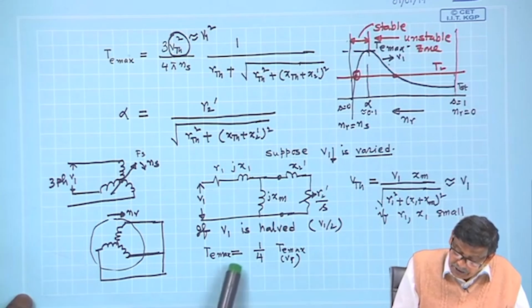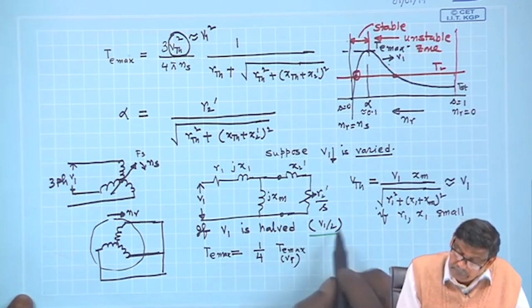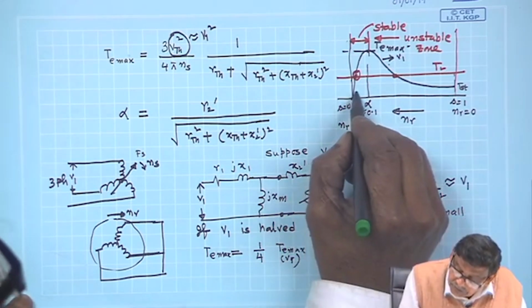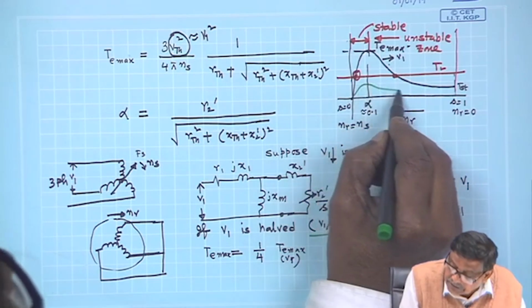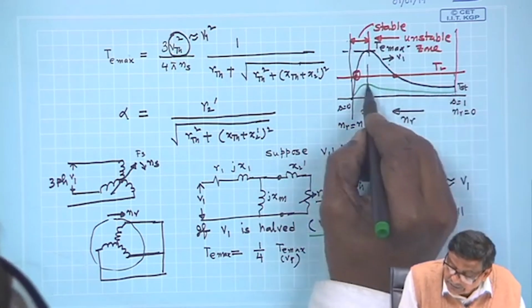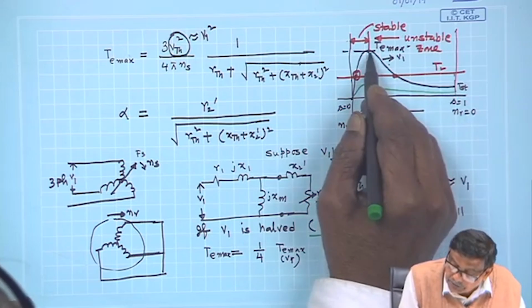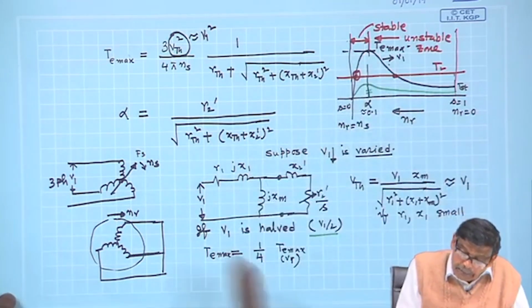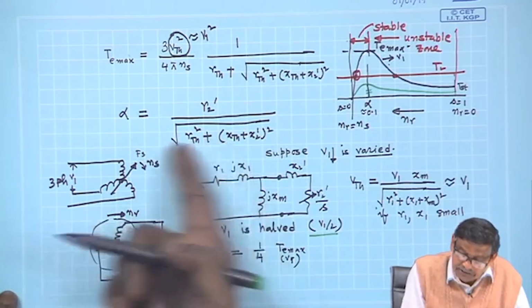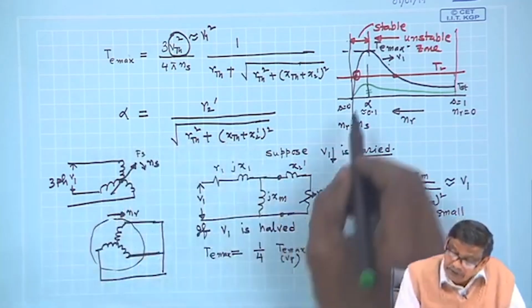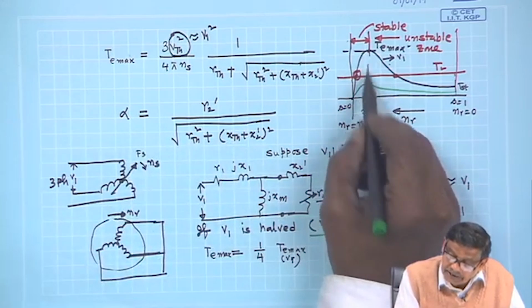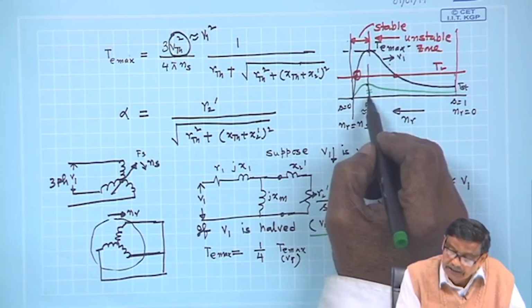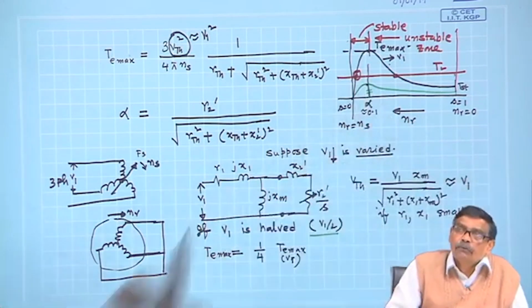if you have reduced the voltage by half, your torque slip characteristics will become like this. This one will become 1/4 that of this. The slip at which maximum torque occurs does not change. Therefore, this peak here will remain the same in slip value, but it will become only 1/4.